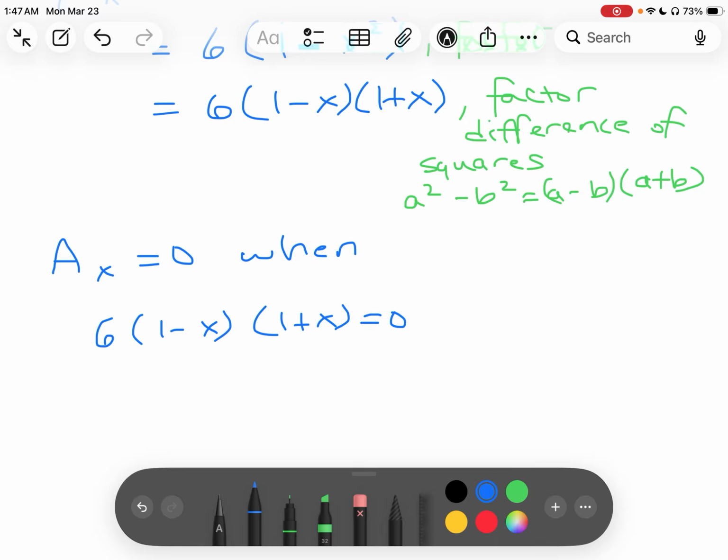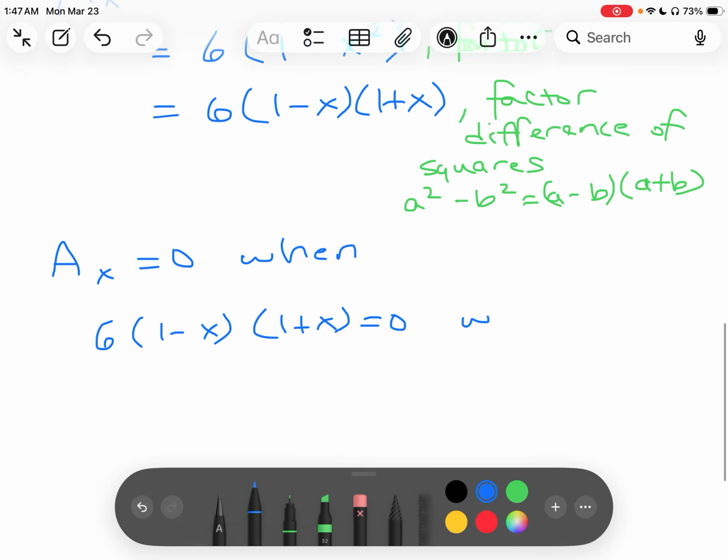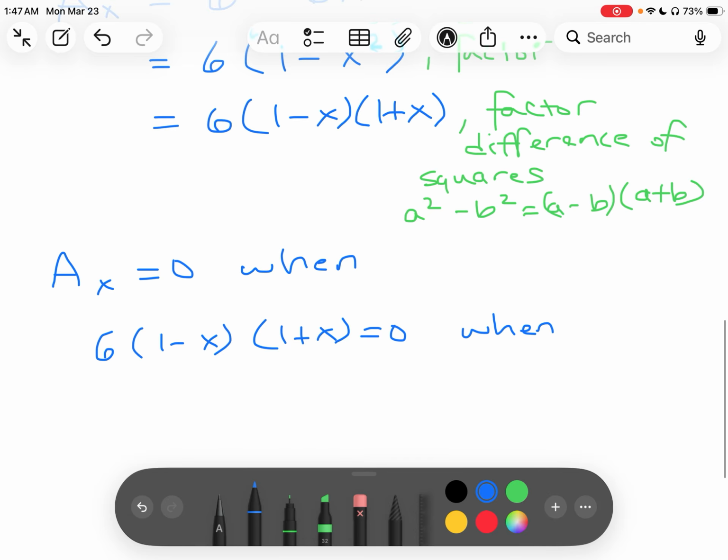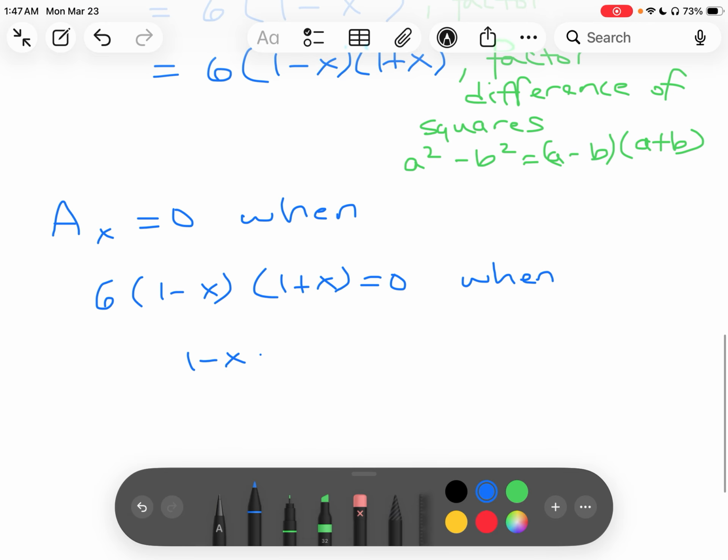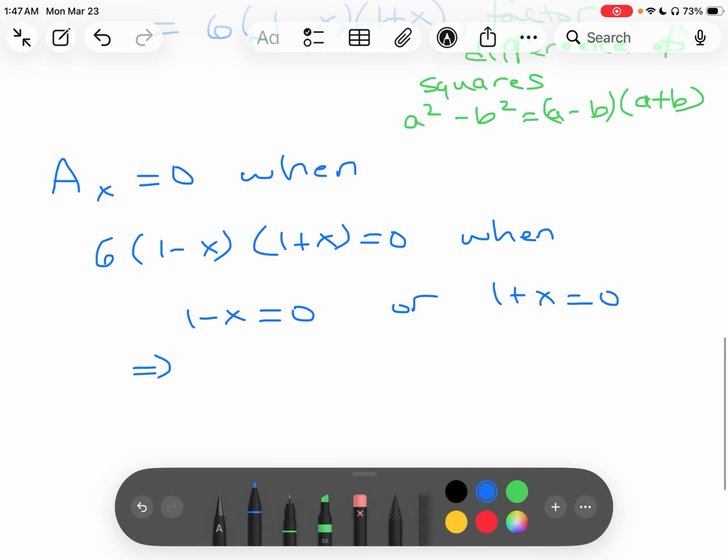So this equals 0 when 1 minus x equals 0 or 1 plus x equals 0. And then we can just isolate and solve for x. We'll move the x to the other side. We'll just have x equals 1 here, or x equals negative 1. Okay.